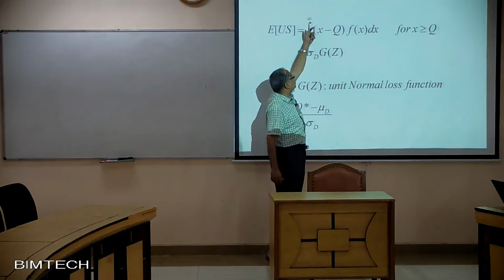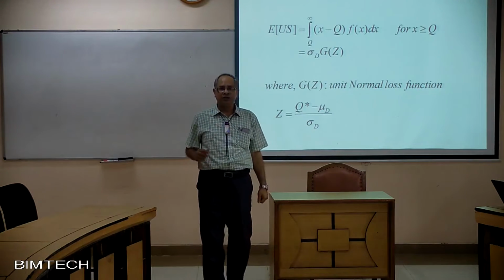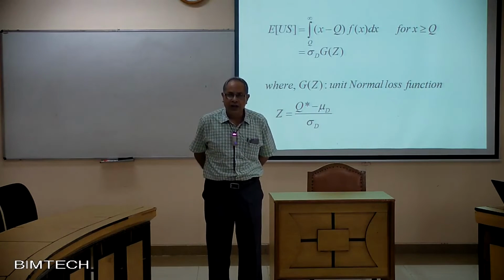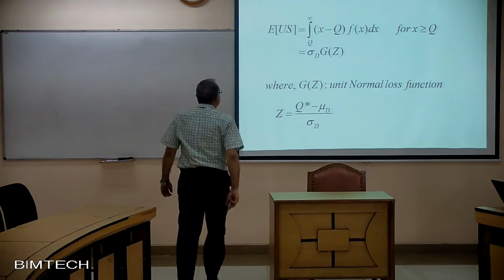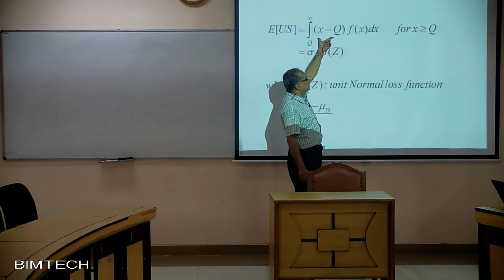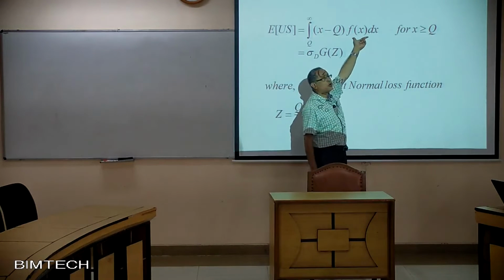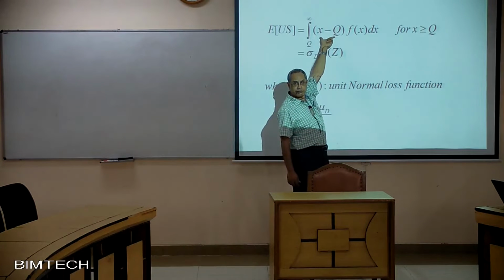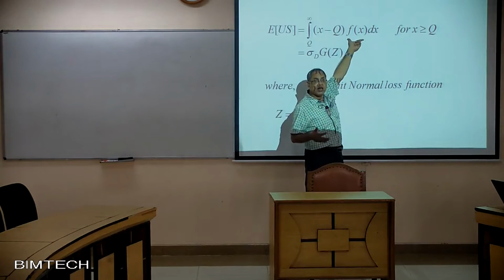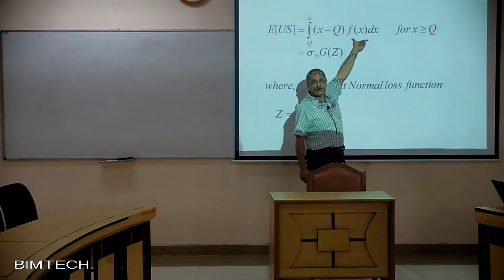How much do we go short by each time? Well, it is demand minus whatever we have in hand, which is our order quantity, that is X minus Q. So this is nothing but the integral of X minus Q, which is the number of units we go short by, multiplied by the probability for that X minus Q. And that probability, because we are dealing with a continuous probability distribution, we use the probability density function, which is f(x) dx.